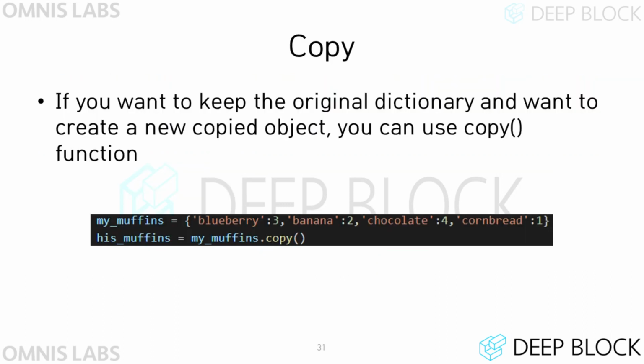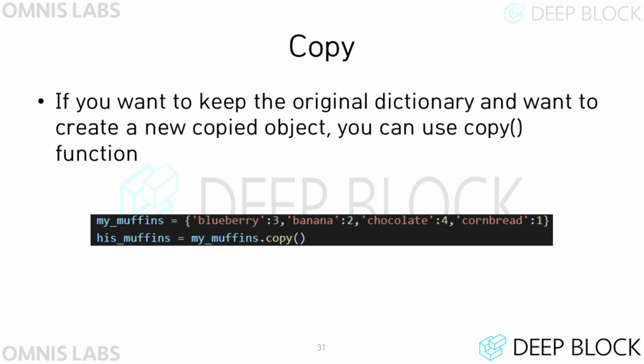If we want to copy the values of a dictionary and create a new dictionary in another space, we can use the dictionary's method copy. A dictionary's copy method returns a new dictionary of values equal to the original dictionary. For example, the code myMuffins.copy returns a new dictionary with the same data as the dictionary myMuffins.